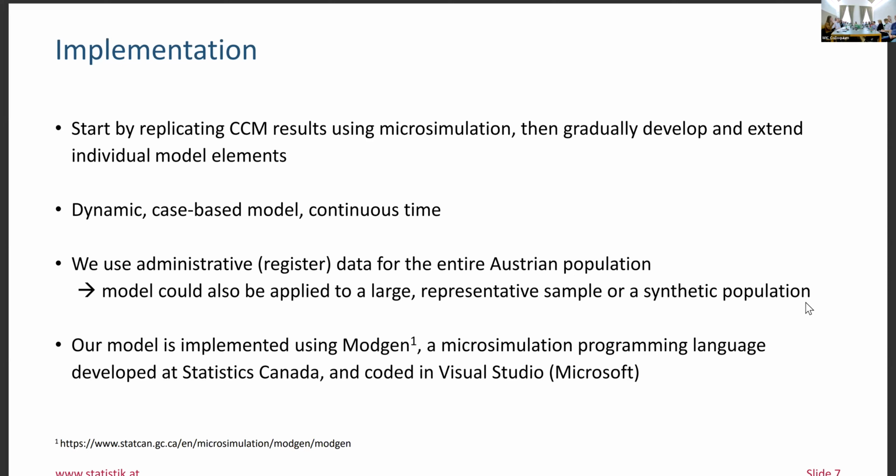So we have 9 million rows of data to start with. But the model that we're using could in principle also be applied to a large representative sample of a population or a synthetic population. And we implement this model using ModGen, which is a microsimulation programming language developed at Statistics Canada. And in our case, we're coding it in Visual Studio, which is a Microsoft product.